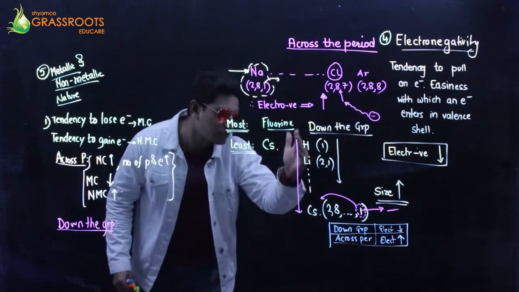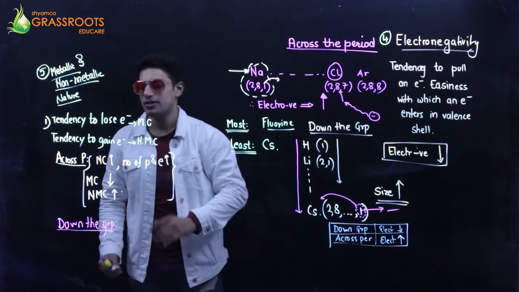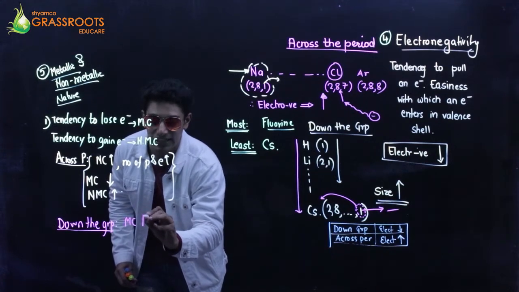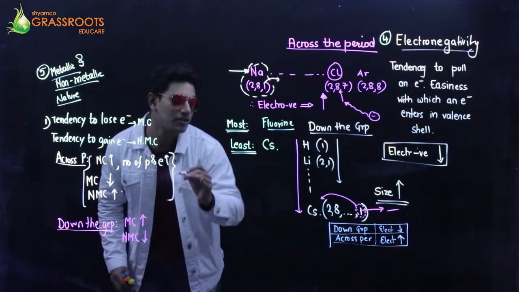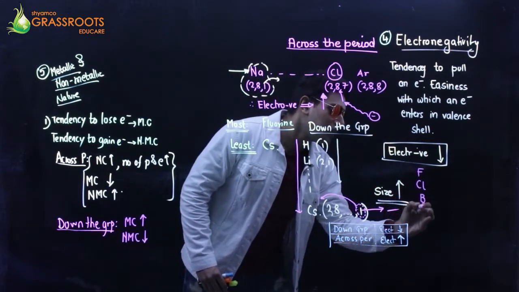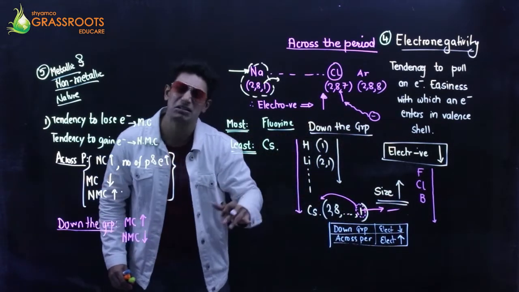In case of elements, if I don't take francium into consideration, I can say down the group, the metallic character increases and the non-metallic character decreases. Because if I take an example of fluorine, chlorine, bromine, the tendency of pulling an electron decreases.